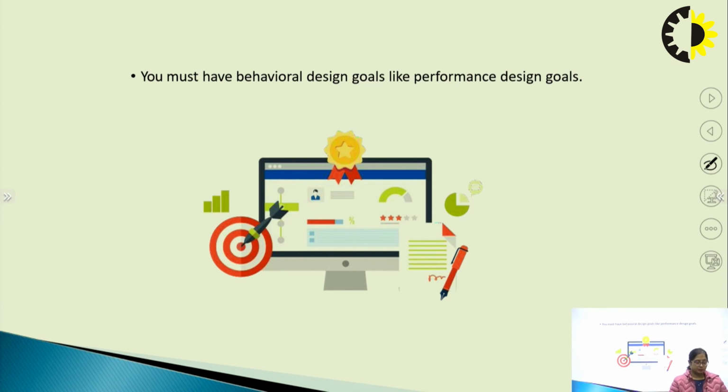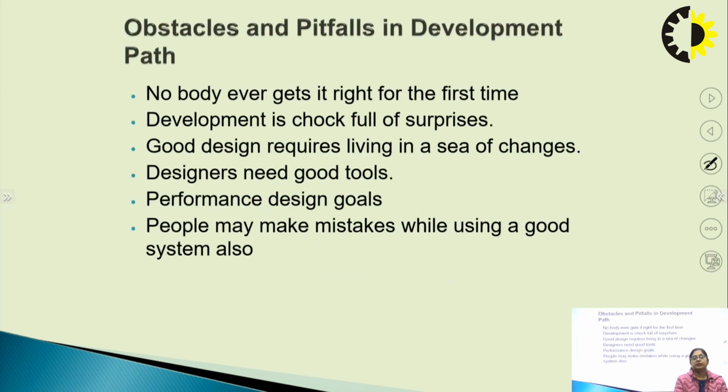This is what we have read in the previous slides, common in one slide. First, we studied that nobody ever gets it right the first time, and development is chock full of surprises. If you change one thing, ultimately changes are made in two more things, and good designs require a sea of changes.